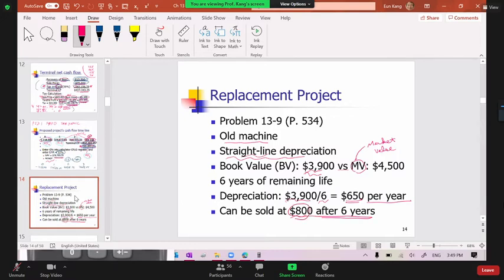Why? Because you cannot sell the old machine after 6 years. If you sell the old machine right now, you cannot sell it after 6 years, right? So these two are very important. That makes this replacement project different from a new project. So opportunity cost.